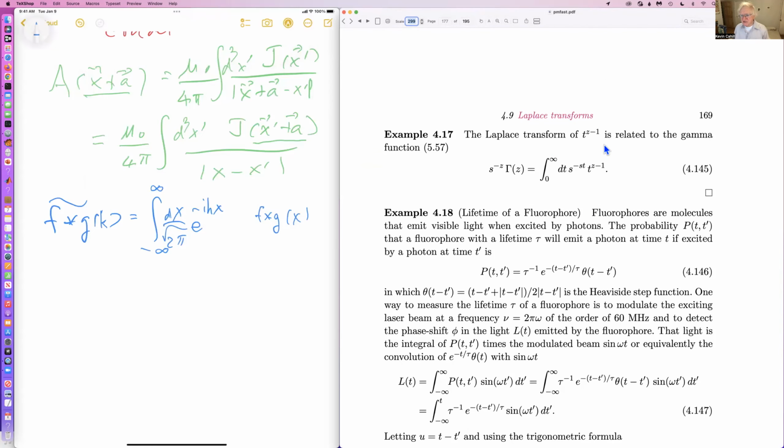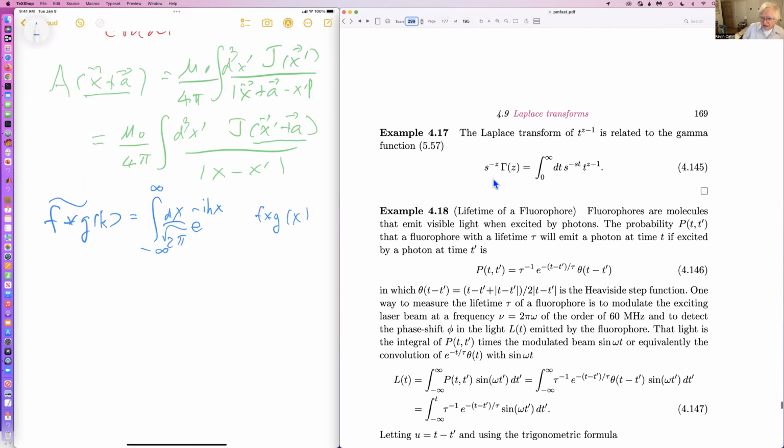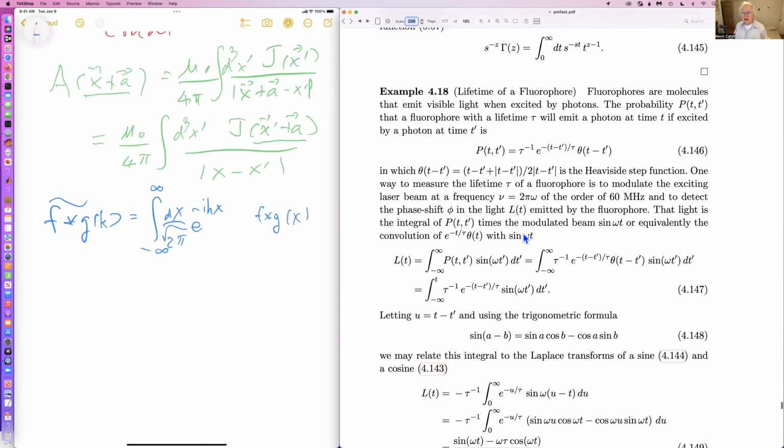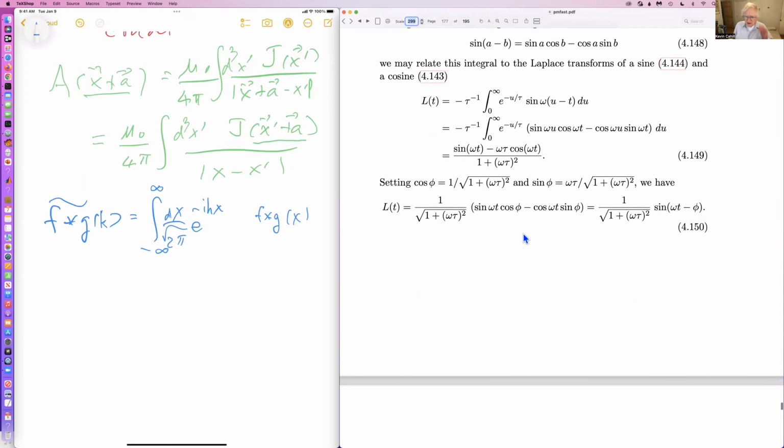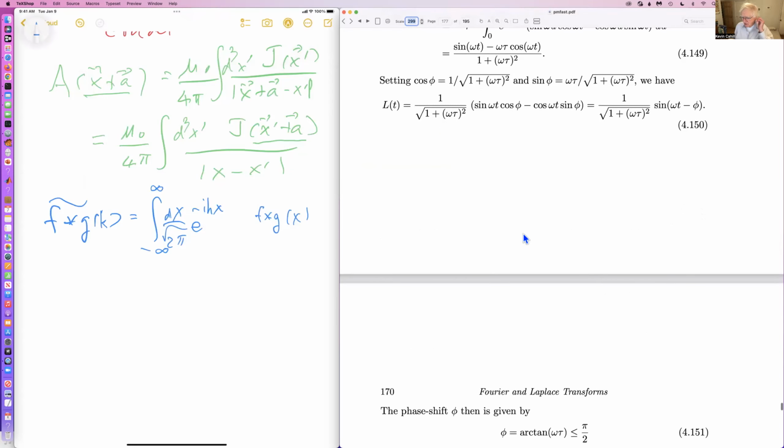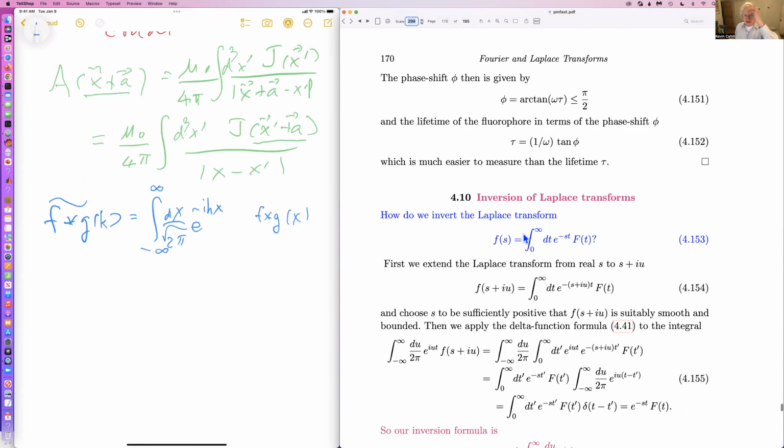The Laplace transform of t to a complex power is related to the gamma function. Well, the lifetime of a fluorophore, those of you interested in biophysics might want to study that, but I don't think we need to go through it.